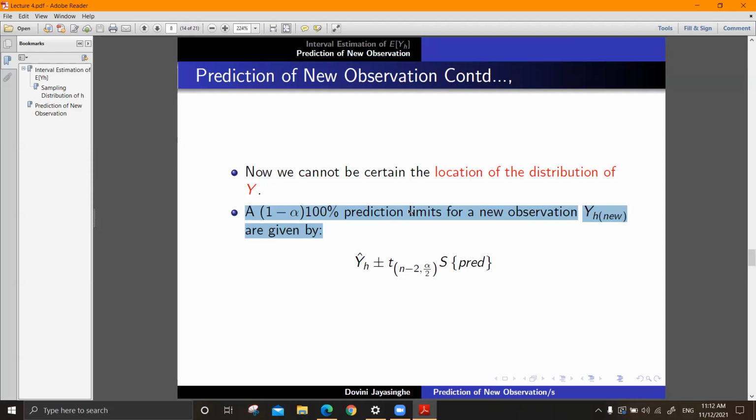So we can have a confidence interval, and you call it prediction limits. So this is basically a prediction interval. Of course, this is a confidence interval, but you give the name prediction interval for this. So these are the prediction limits, lower limit and upper limit. Whenever you are asked to construct a prediction interval for a new observation, this is the formula.